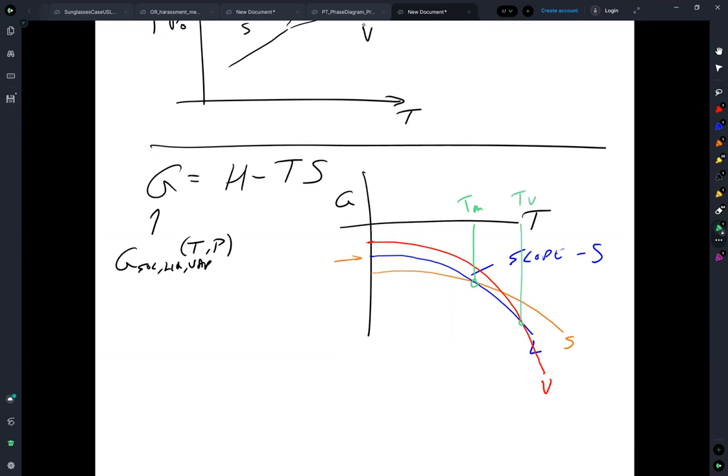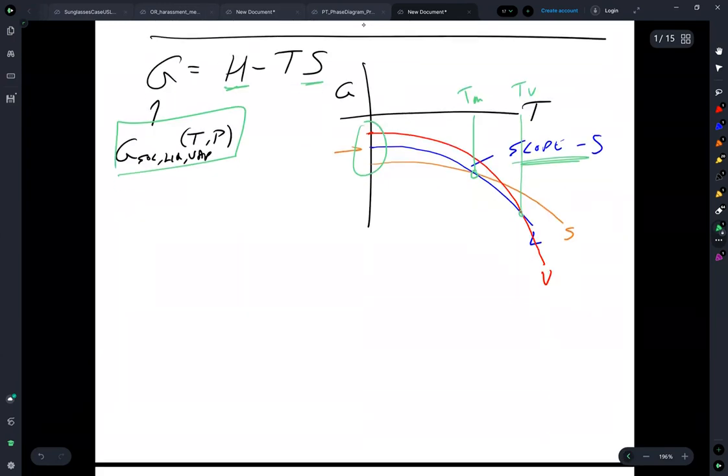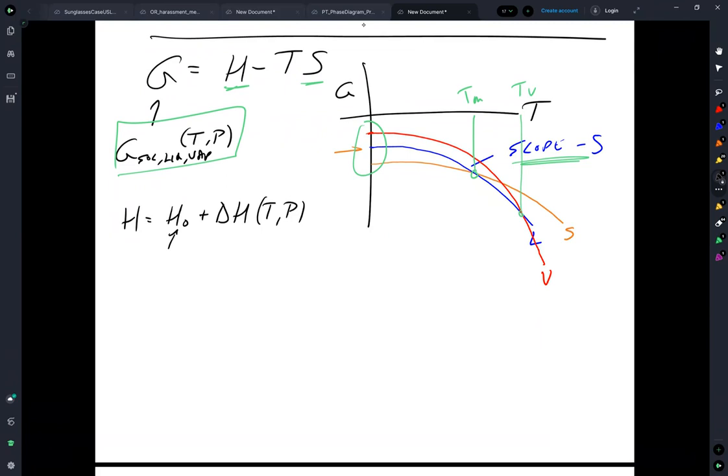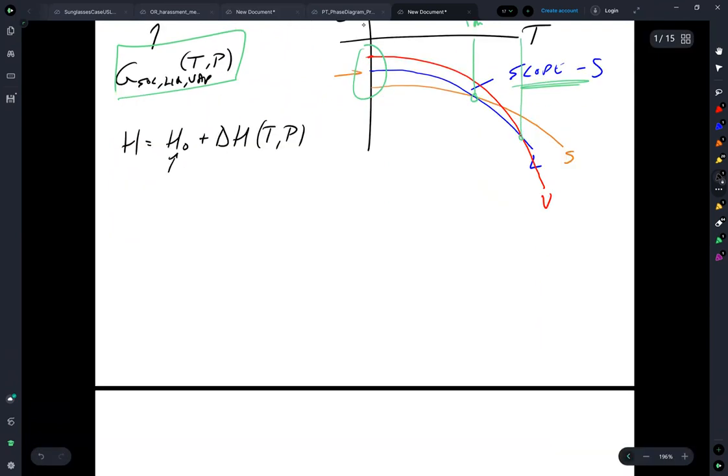So this is how to think through these in terms of what's happening at 0 Kelvin and the slope of the curve. So we want to get those, which means we have to get the enthalpy and the entropy. And the way you get those is having the enthalpy at some known point plus delta H as a function of temperature and pressure.